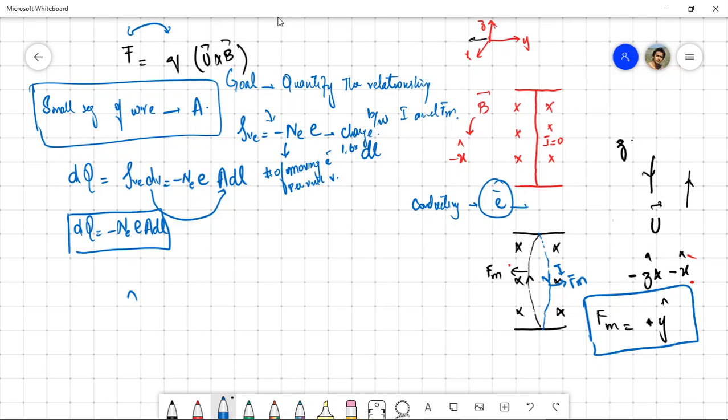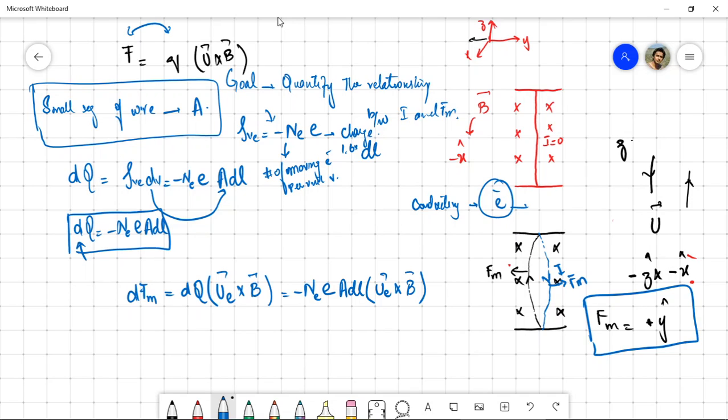So the force on this charge moving through this segment of wire of area A will be dq into ue cross B. Now the value of dq is minus Ne e A dl, and inside there is ue cross B.